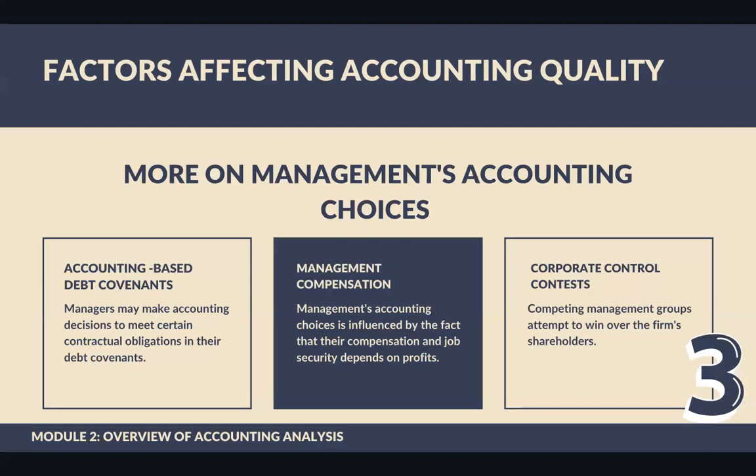So let's say, for example, one provision in your contract says that if sales increase by 10% year over year, you will receive a 5% bonus. Of course, you would want to hit that target in order to get the additional compensation.